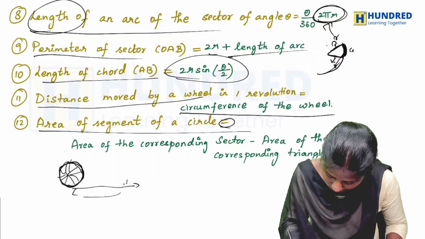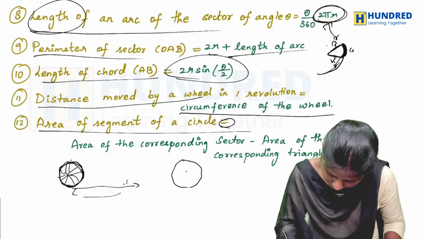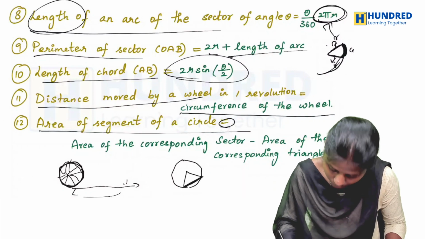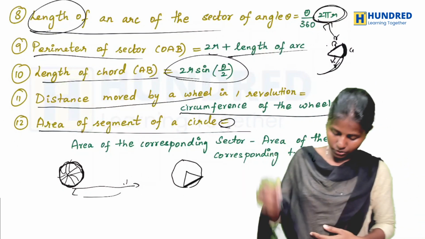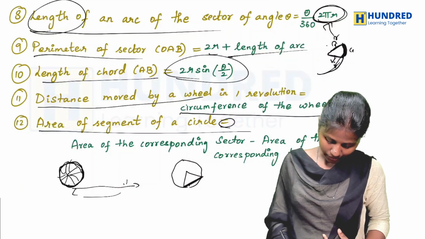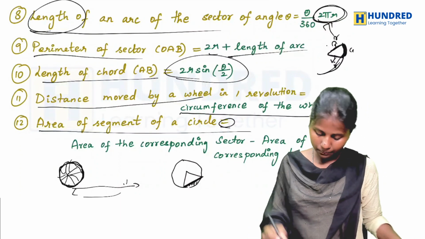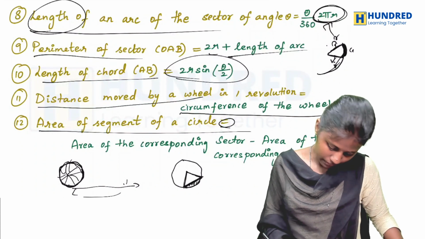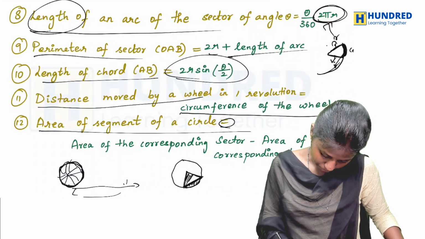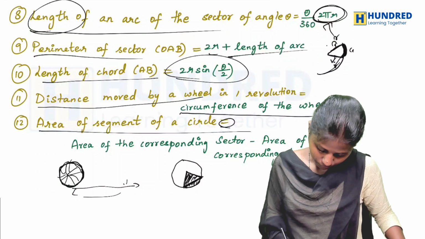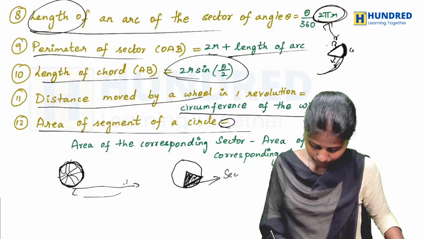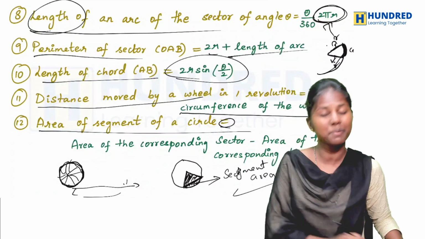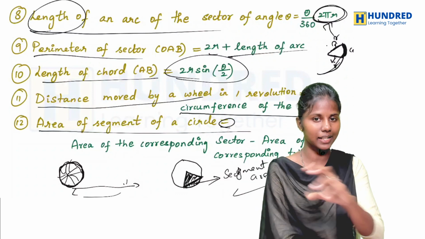When I'm talking about a sector which has this chord, this segment area will be given by separating the whole area of the sector from the corresponding triangle, which gives me the required segment area.